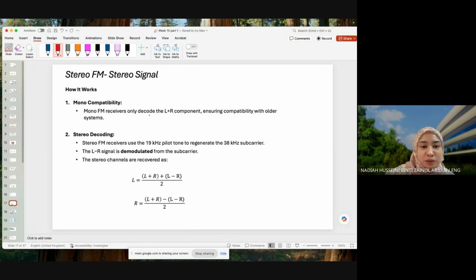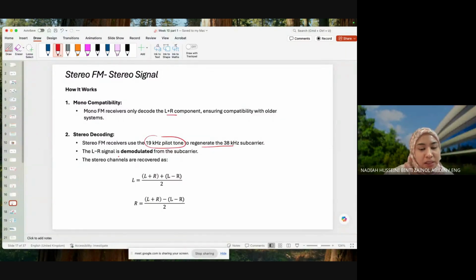Mono FM receivers only decode the L plus R component, ensuring compatibility with the older systems. So our system is a combination of mono and stereo right now. So stereo decoding, stereo FM receivers use the 19 kilohertz pilot tone to regenerate the 38 kilohertz subcarrier.